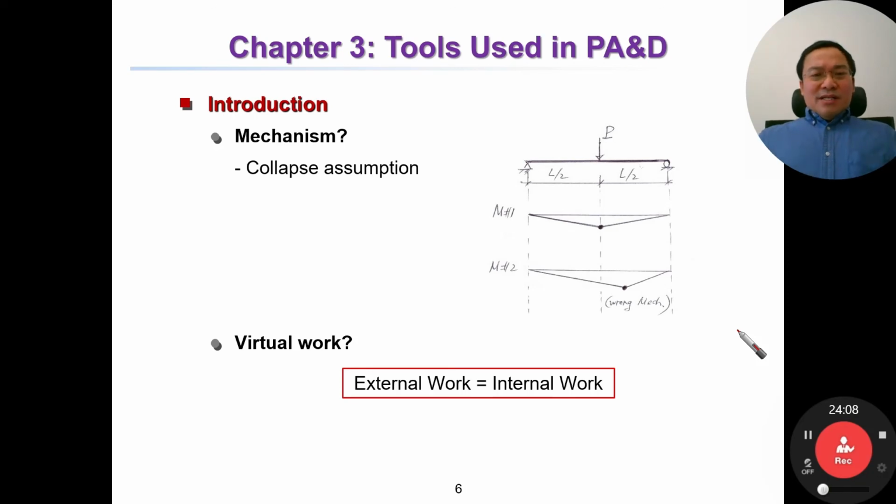The concept is very simple: external work should be equal to internal work. So for virtual work, we have to calculate the external work and the internal work. This is the main condition of the virtual work approach.